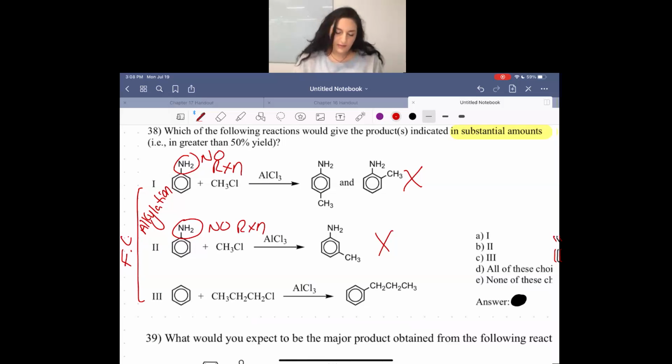But what about this one? This is where people get tripped up. So let's draw out CH3, CH2, CH2, Cl, and we get this product. Do you think this will produce this product? Okay, I got one yes.